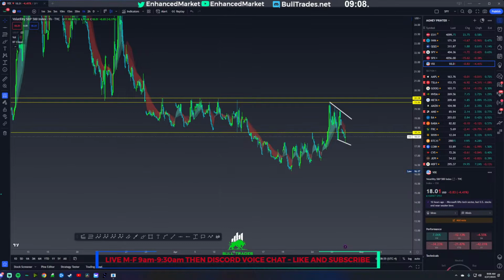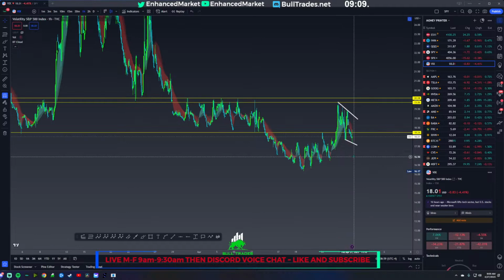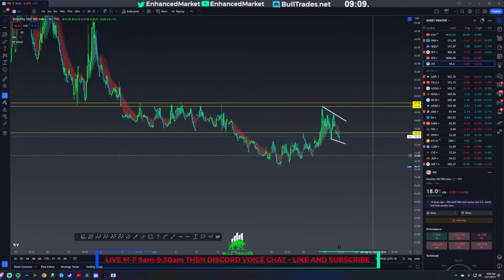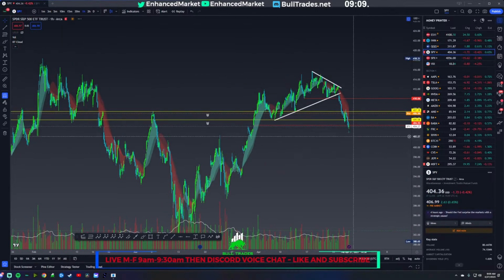Very choppy, that's for sure. But one thing to know is we're continuing to see these higher and higher lows. Higher low, higher low, higher low. We start to form another higher low here. See some more upside, SPY to the downside. Okay. So here's SPY, looking to see if we can get over 407.38. If we do, we'll probably see a move back up to the zone here around 409.